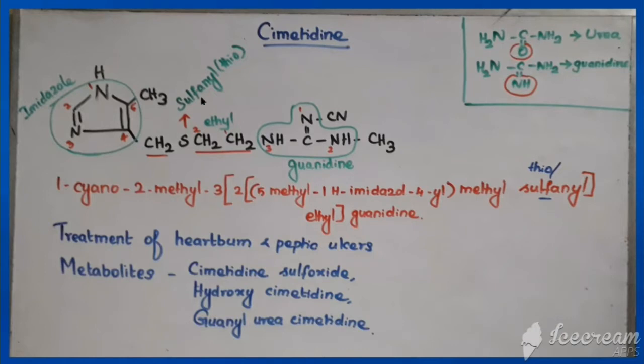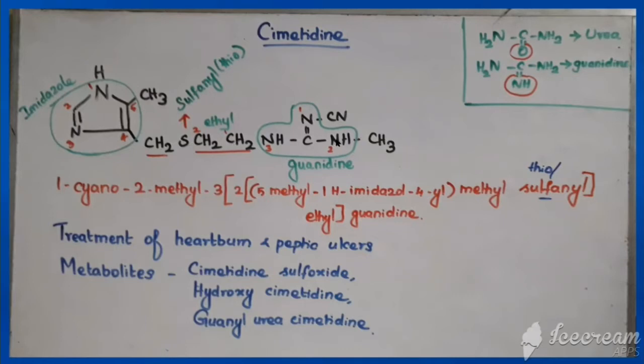This group is attached to the second carbon of ethyl, so 2, again open bracket. Then this is 5-methyl-1H-imidazol-4-yl, because the fourth position is attached, that's why 4-yl, again methyl, this is called thio or sulfonyl, then ethyl, guanidine. So that is the chemical name.